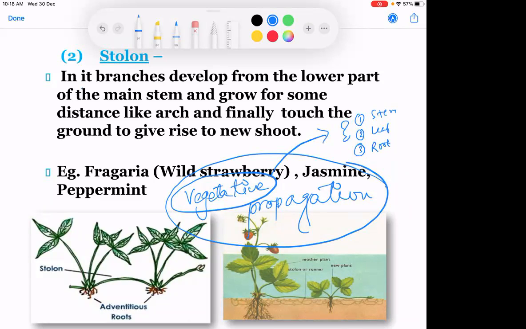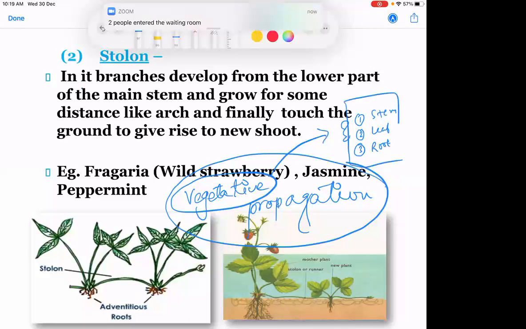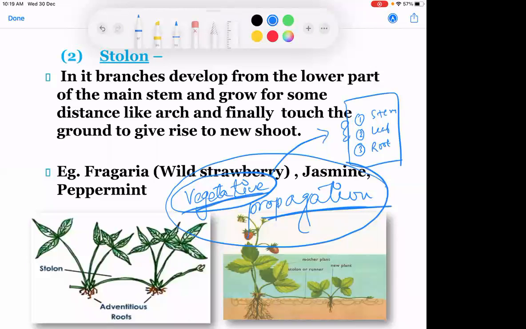So if a new plant is produced not by seed, not by embryo, not by sexual mode of reproduction, but from the vegetative part, then it is said to be vegetative propagation. I hope you are very clear with the definition now.